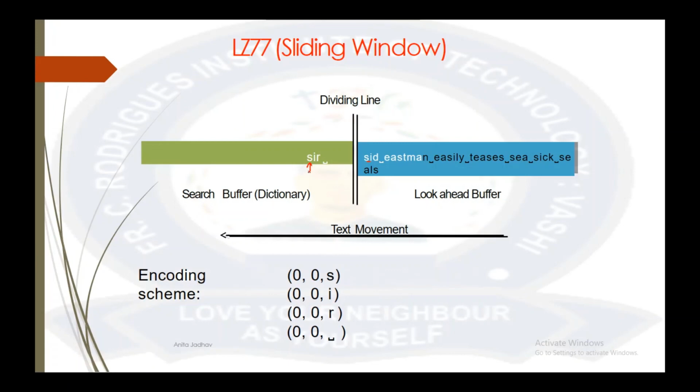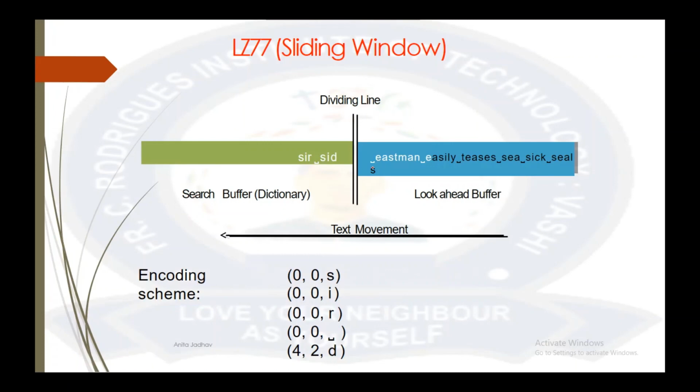So when I write 4 as my offset, I have to write 1. Yes, so you have a match also. SI is your match. So you will write 4, 2, code word for D. So instead of writing S, I, D, it is written only 4, 2, D.